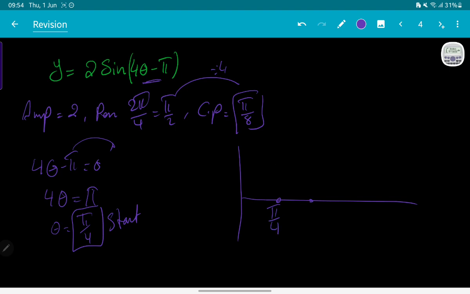And to find the next point, we use the critical points. We add pi over 8.